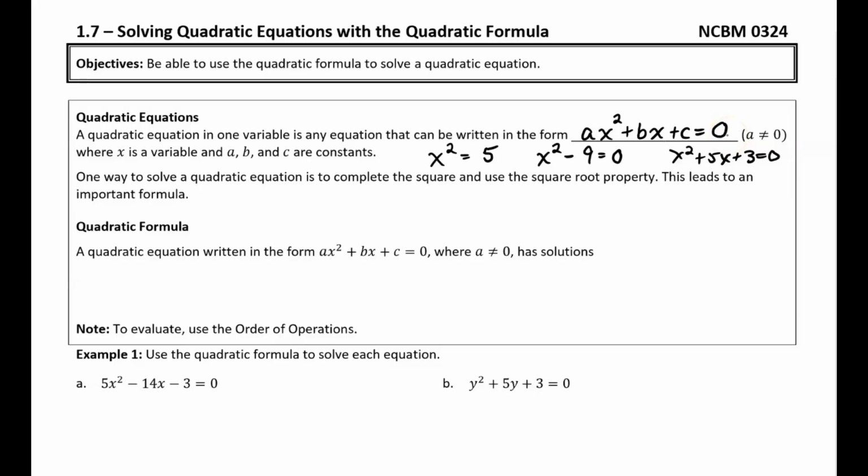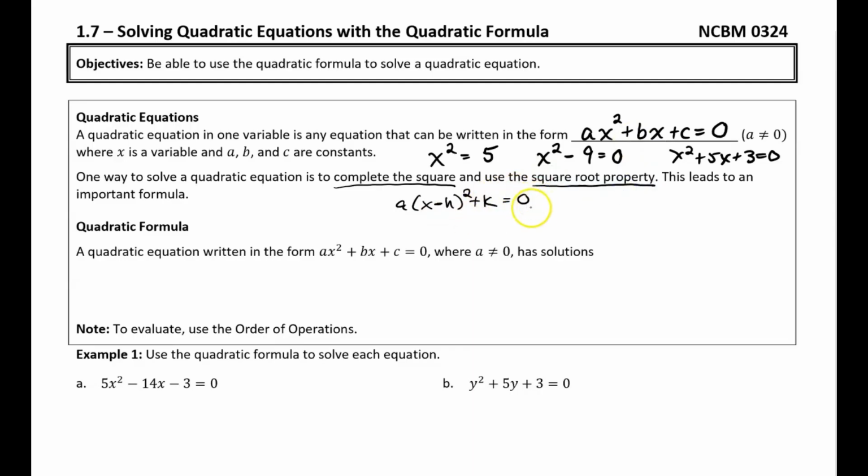Another way we can solve this is to take these ax squared plus bx plus c forms and complete the square on it. We can change it into that other vertex form. Remember that was f of x is equal to a times x minus h squared plus k. And once we have this form, if it is equal to 0, right, to make it an equation, then I can use what's called the square root property.